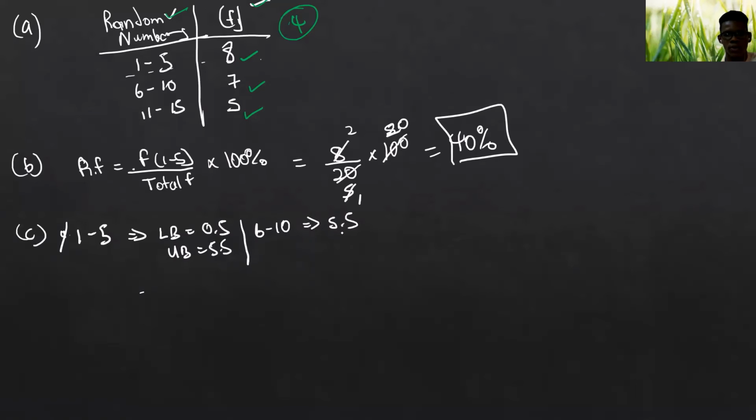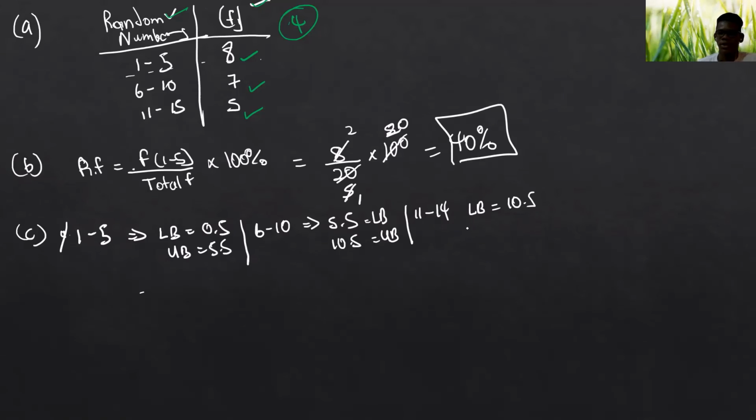Now you'll notice, for each consecutive class interval, the lower boundary for one class interval is the upper boundary of another.